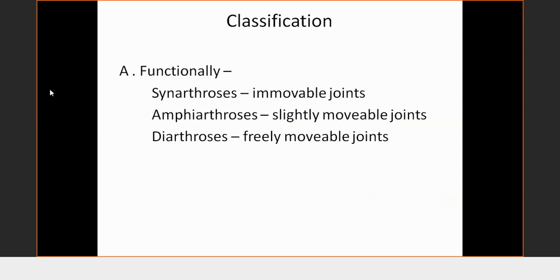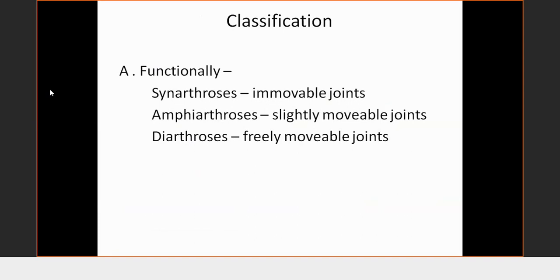Okay. So now basically there are different classifications of the joint, but broadly the classification which is usually used or asked is the structural classification.